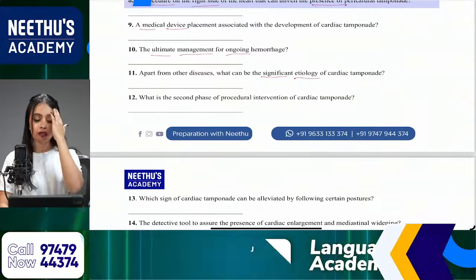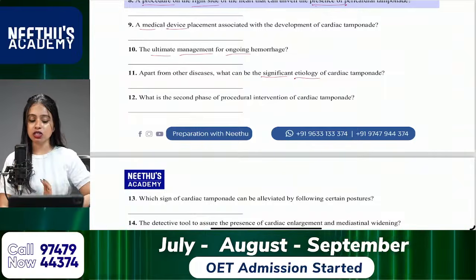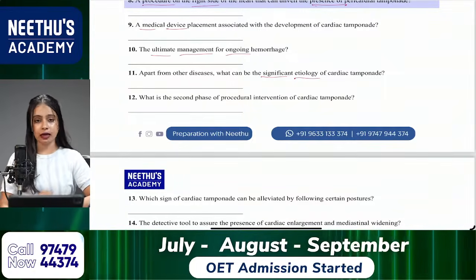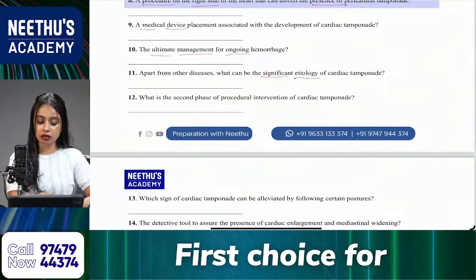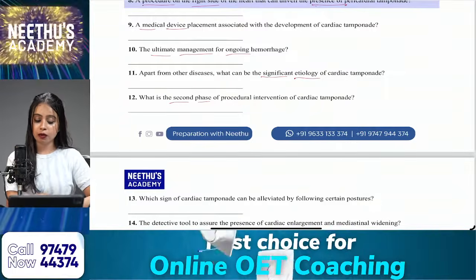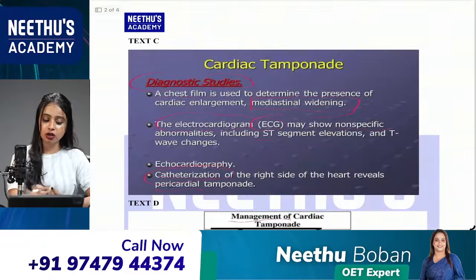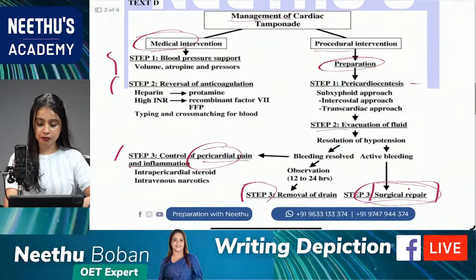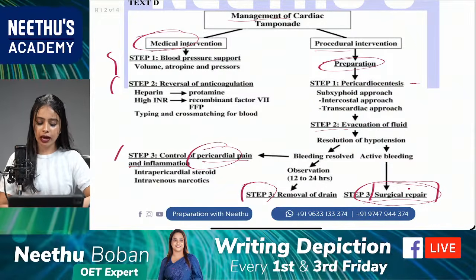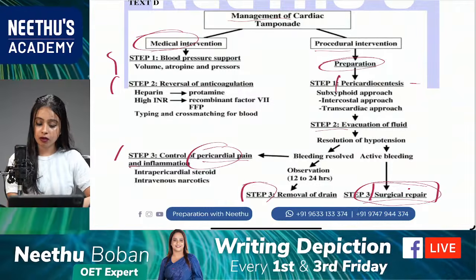Then 12th one. What is the second phase of procedural intervention of cardiac tamponade? So my keywords: second phase, then procedural. So I know that procedural intervention is mentioned only in text D. Okay. So the answer should be what? Okay.